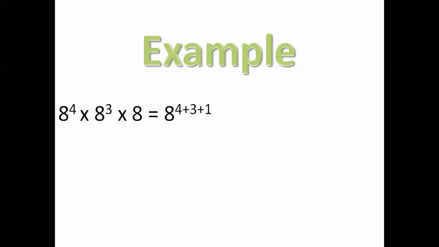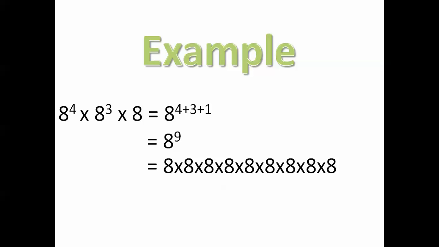So we have 8 to the 4 plus 3 plus 1. This is equal to 8 to the power of 9, which is equal to 8 times 8 times 8 times 8 times 8 times 8 times 8 times 8 times 8. This is equal to 134,217,728.